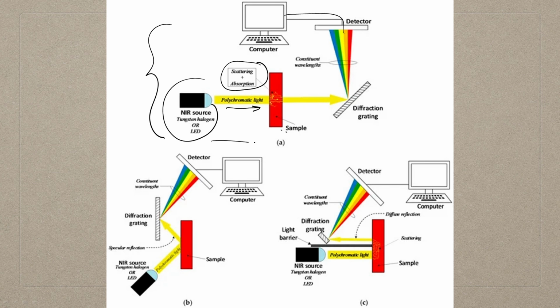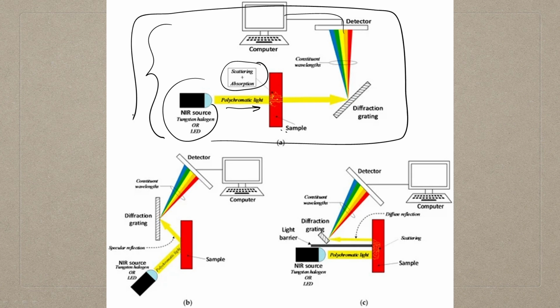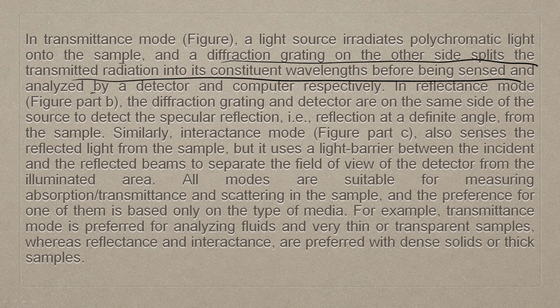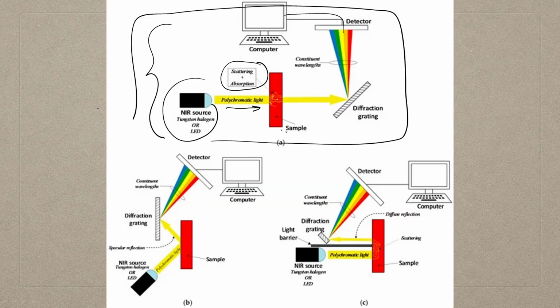This is how one type of them works: a light source irradiates polychromatic light onto the sample, and a diffraction grating on the other side splits the transmitted radiation into constituent wavelengths before being sensed and analyzed by a detector and a computer respectively.